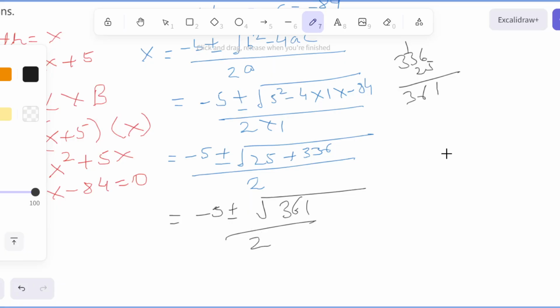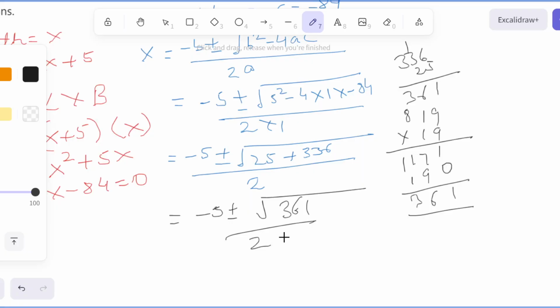So 361 will be the square root of which number? Is it 19? You can check. 19 times 19 is 361. How did I come to know?